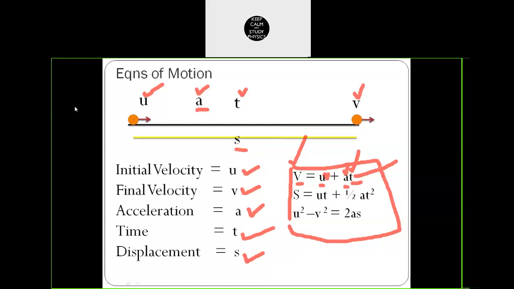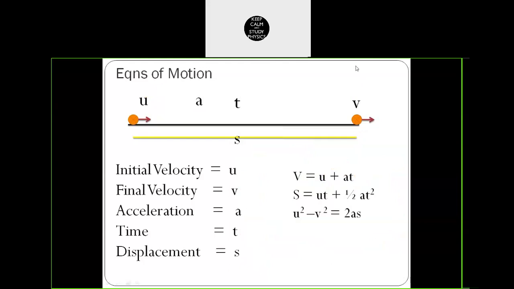Like this, we can use these equations to find unknown physical quantities. The second equation is useful when u is the initial velocity and t is the time after which you want to find the displacement.